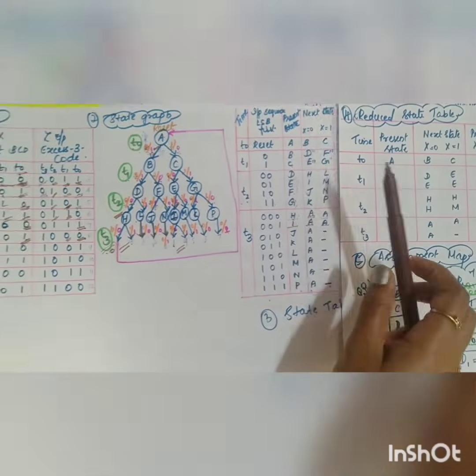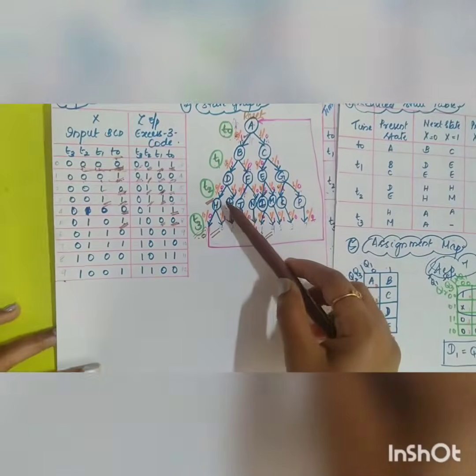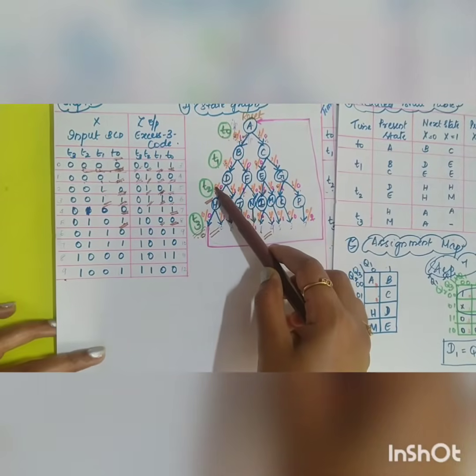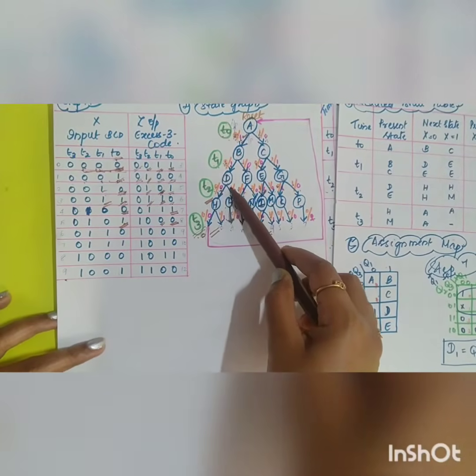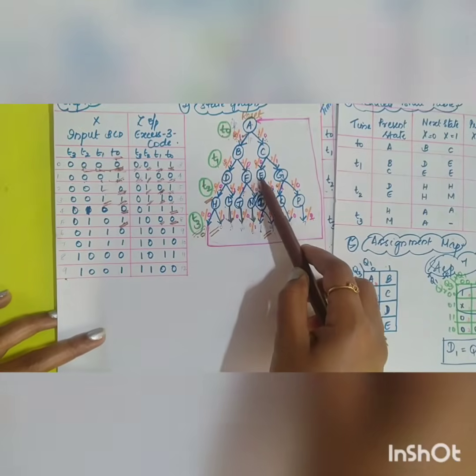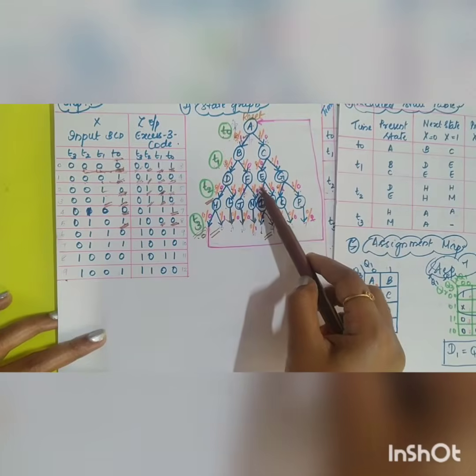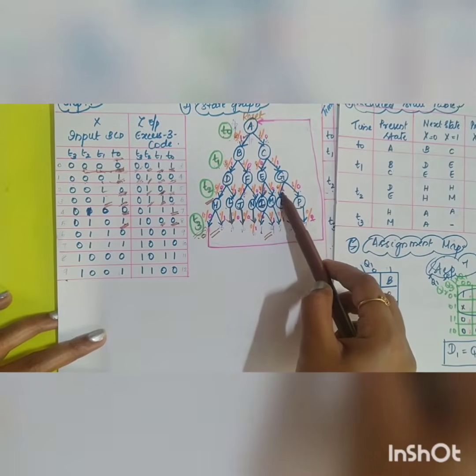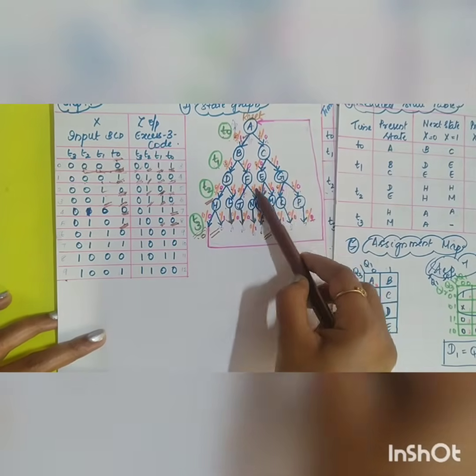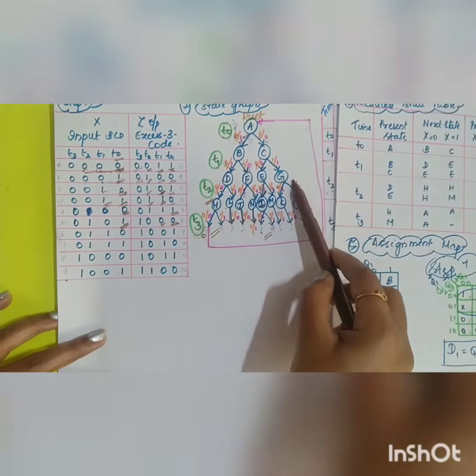This can be easily understood by your state graph also. See here 0 in your D, it is input and output is 0, 0, 1, 1. But in the case of F, E, G, your input is 0, 1, 1, 0. Here also it is 0, 1, 1, 0. Here also it is 0, 1, 1, 0. So I can reduce this into a single state.